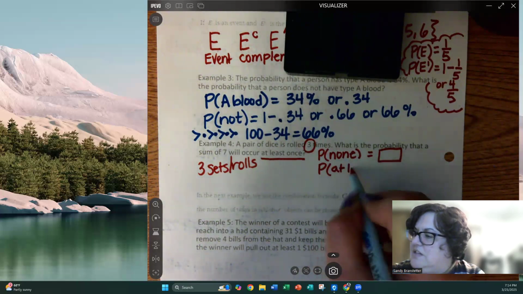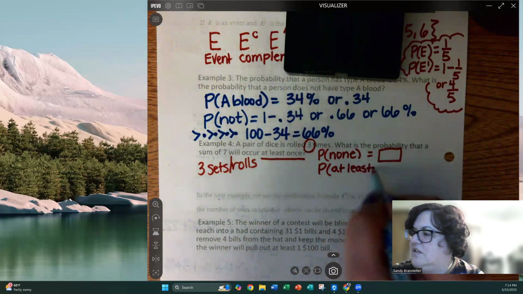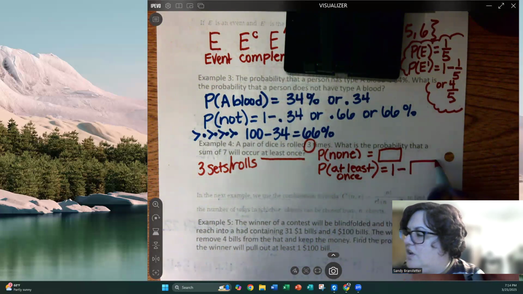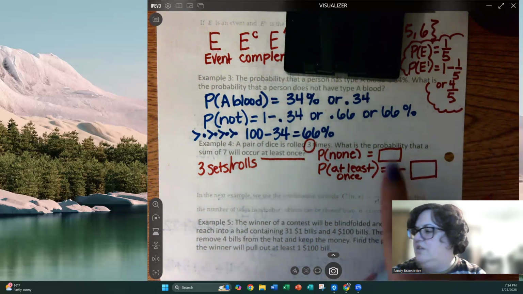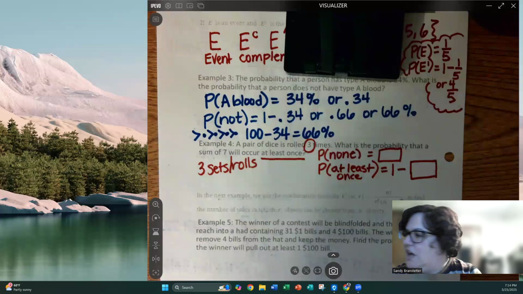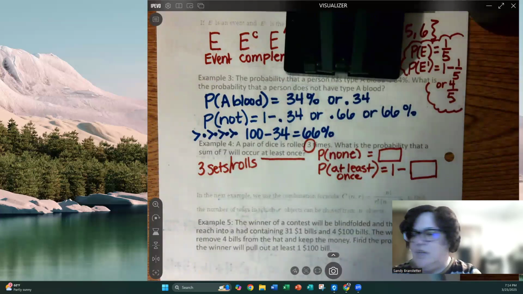So my at least once would be the leftovers of none. At least once would mean once, twice, or all 3 times. So if we can find the probability of none, then we can take 1 minus that answer.